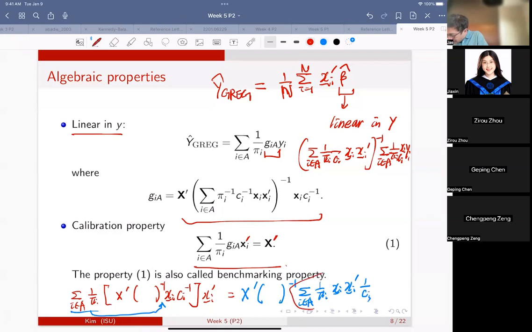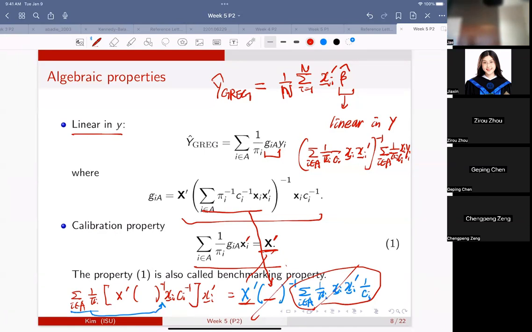This guy and this guy are actually the same, so they cancel, and you get this one. So that is purely algebra.